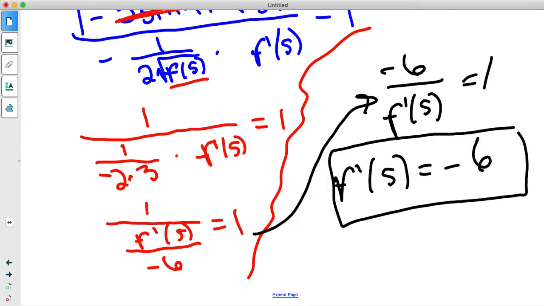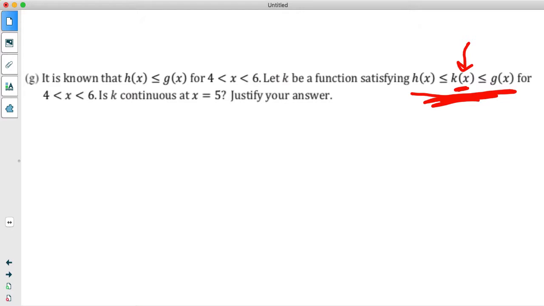And then part G, as I told you yesterday, this was all based on the squeeze theorem. So a couple of things to point out here. If something is continuous at 5, you need to ask yourself 2 questions. At 5, does k of 5 exist?